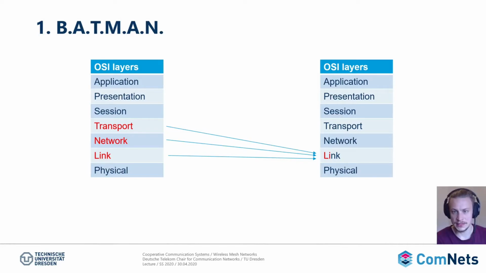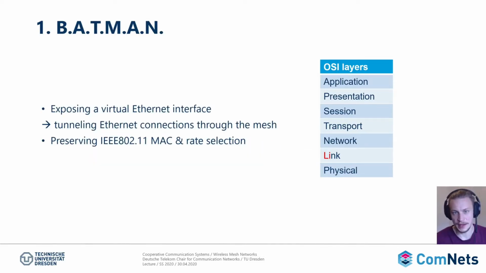It means that it hides the execution of those tasks from the other layers, thereby creating what we could call a virtual switch in the air. This means that any other node would be virtually just one hop away.